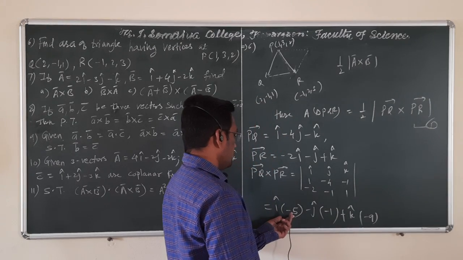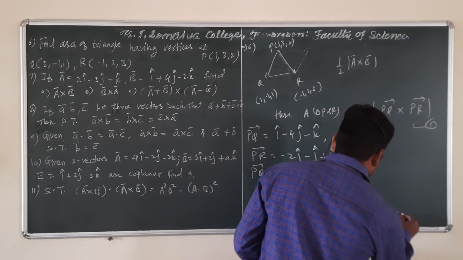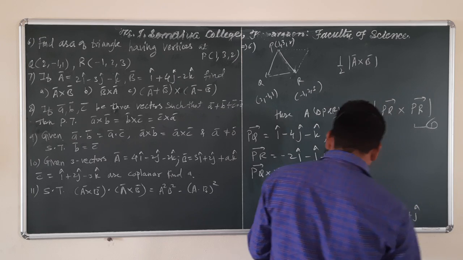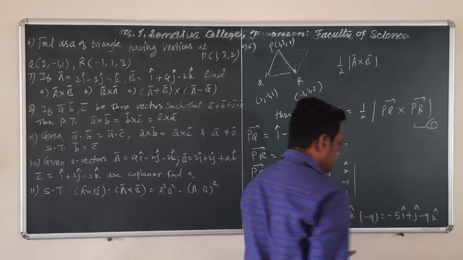So this is PQ crossed with PR, which is equal to -5 i cap + j cap - 9 k cap.